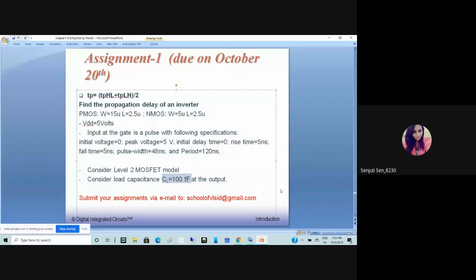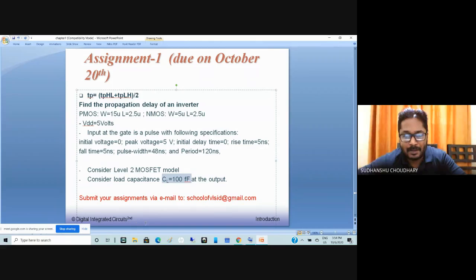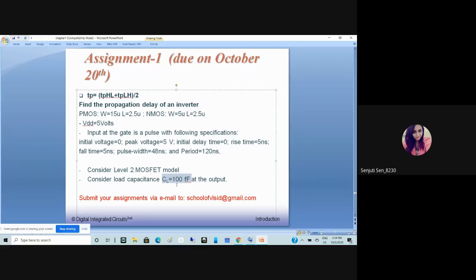But you told us that in our SPICE model there was an inbuilt capacitance. I'm not sure whether it is there or not, or what value they are using. They may be using some other value, or maybe it is not existing there at all. But yes, if you want to incorporate this, you can.